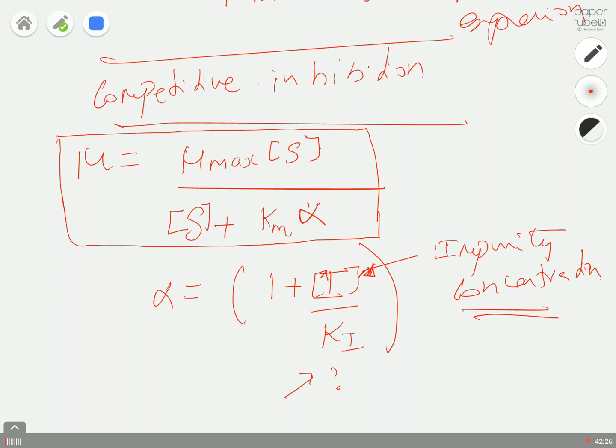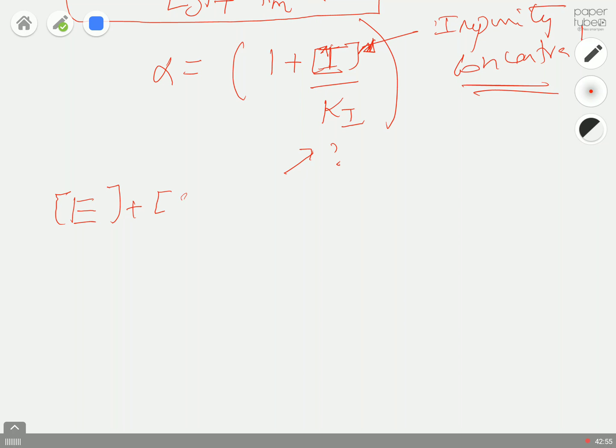Your initial velocity is going to change with your substrate concentration in the presence of a competitive inhibitor, and it follows this mathematical expression. So Km multiplied by alpha, where alpha is 1 plus the concentration of your inhibitor divided by Ki, and how this Ki comes, I'm going to write the actual reaction, enzyme plus substrate.